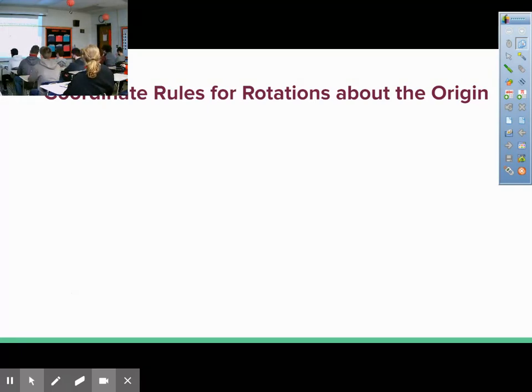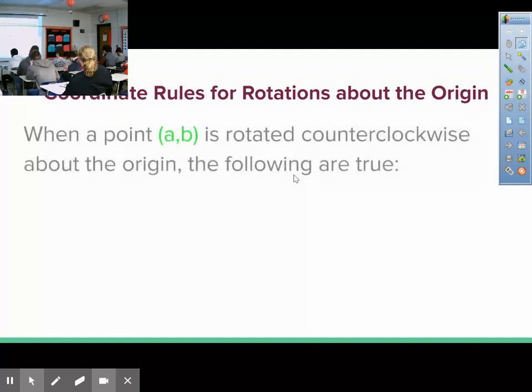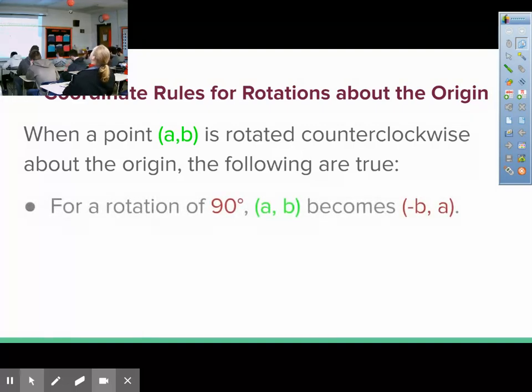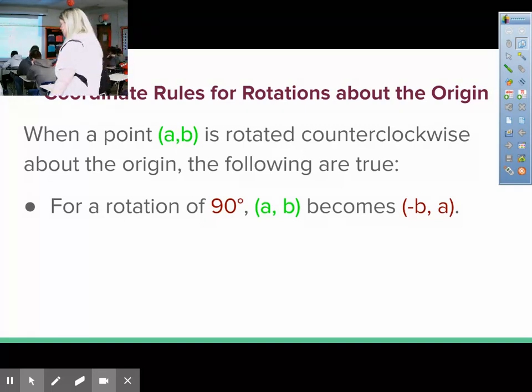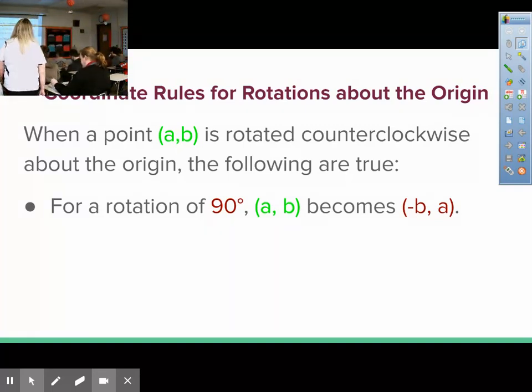And I'm only going to have you do counterclockwise, because that's when these rules work. These are the only ones we're going to be doing. When a point (a, b) is rotated counterclockwise about the origin, the following are true. For a rotation of 90 degrees, (a, b) becomes (-b, a).